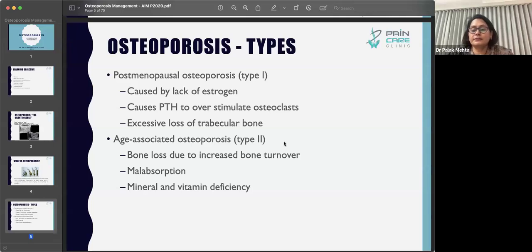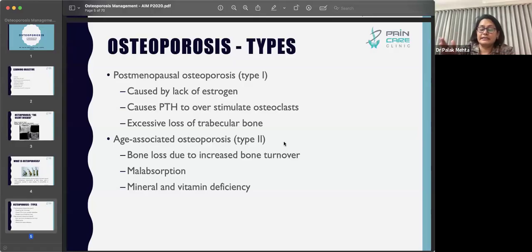Now, what is increased bone turnover? Basically, bone remodeling, bone formation, destruction, formation, destruction, keeps on happening throughout your entire life. In the early phase of your life, till your 30s, 40s, the bone formation process is on the higher side.